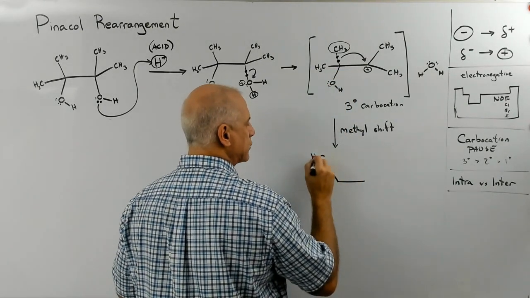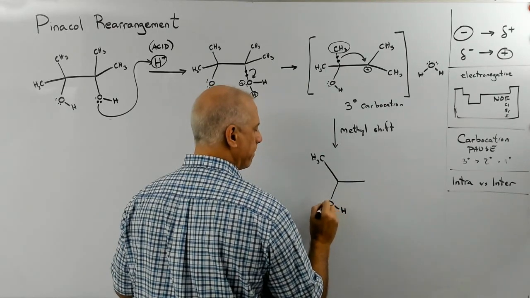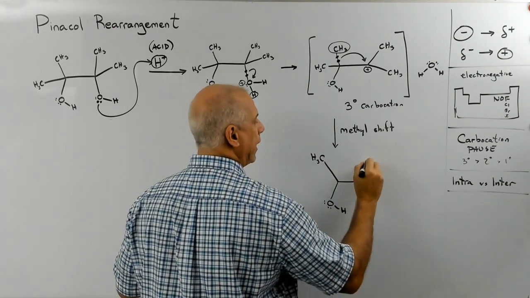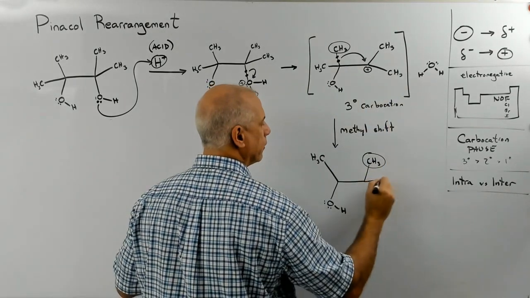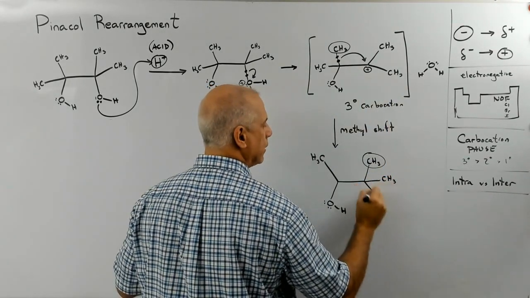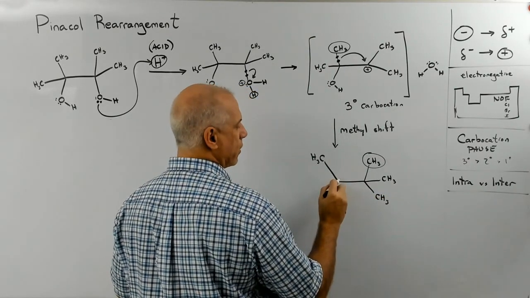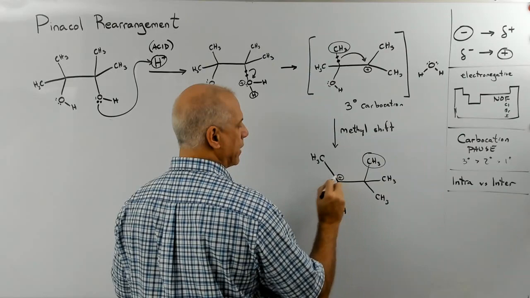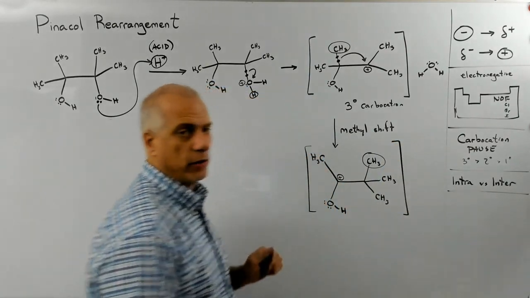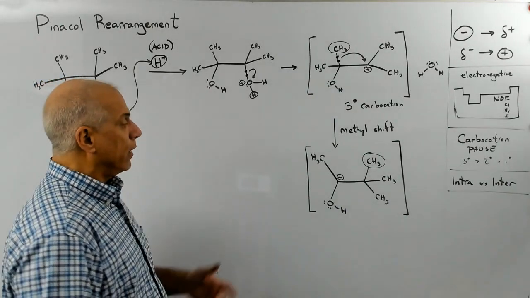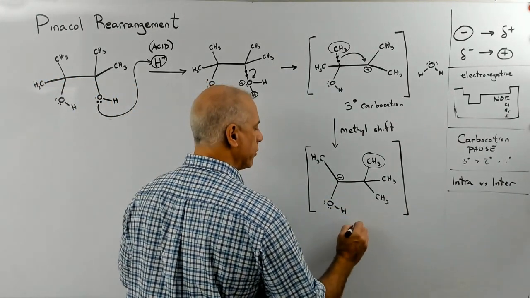Now you might ask, why would that be beneficial? Let's show the methyl group. That's the methyl group that migrated over. Here's the other CH3, and now this carbon here is going to be a carbocation. Let me put brackets around that because you can't isolate a carbocation.